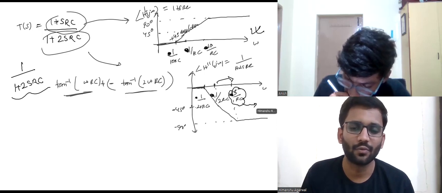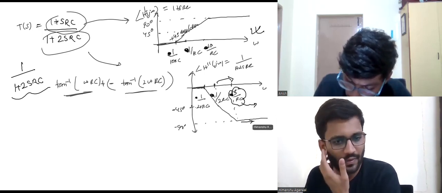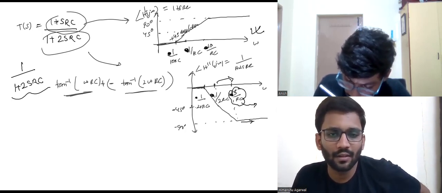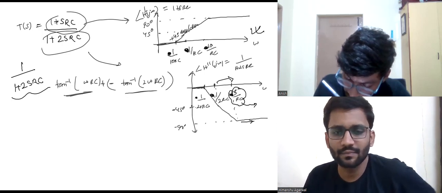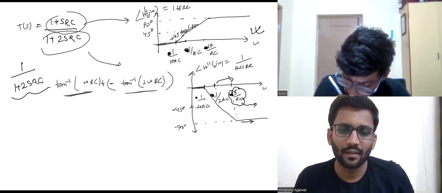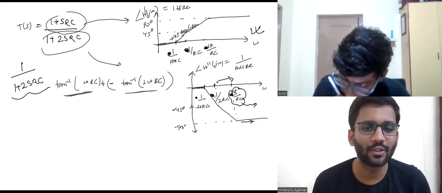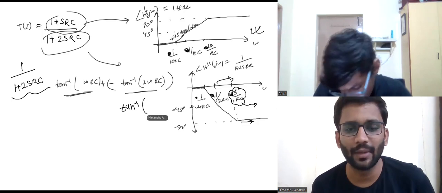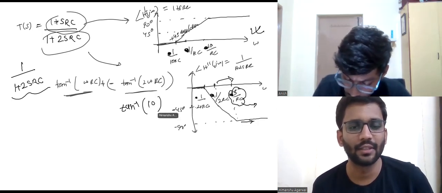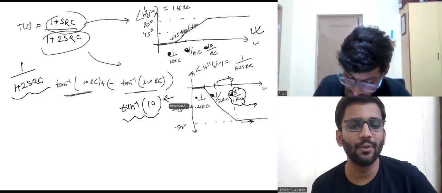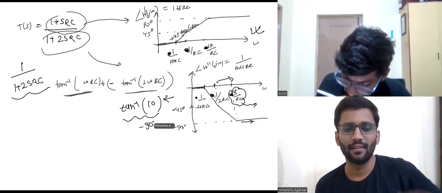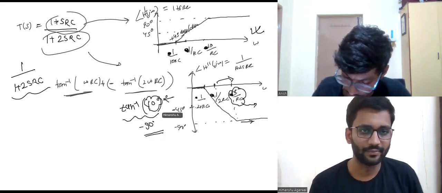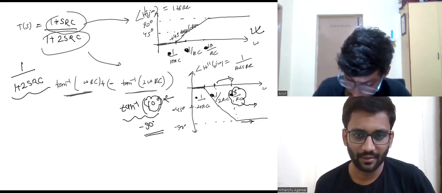The slope goes to 0 because it settles to that value, minus 90 degrees at the pole. At omega equals infinity, the angle is minus 90 degrees, right? So it's kind of an approximate plot that you are saying, right? Because if you put omega as 5 by RC, it would be tan inverse 10, which is a very large value, almost closer to minus 90 degrees, though not exactly. Okay. Fine.